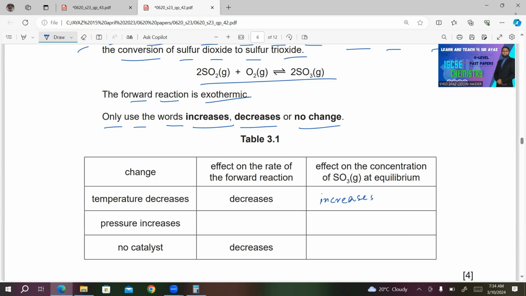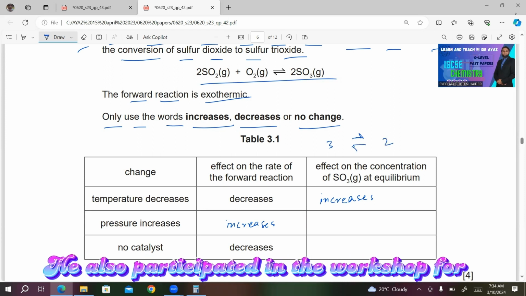Now what happens if you increase the pressure on the rate of reaction? It increases, and for the effect on the concentration of SO3 at equilibrium, if you see the number of moles on the reactant side is 3, product side is 2. So it should favor high pressure.